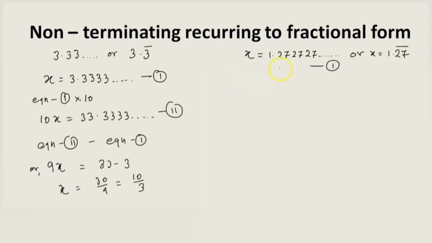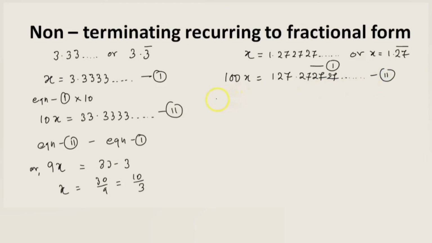Why 100? Because after the decimal there are 2 digits which are repeating, in the recurring form, that is 2 and 7. So that's why we multiply by 100. So 100x equals 127.272727 and so on. This is your equation number 2.